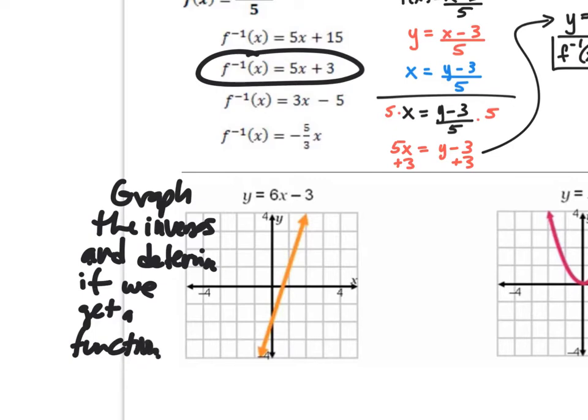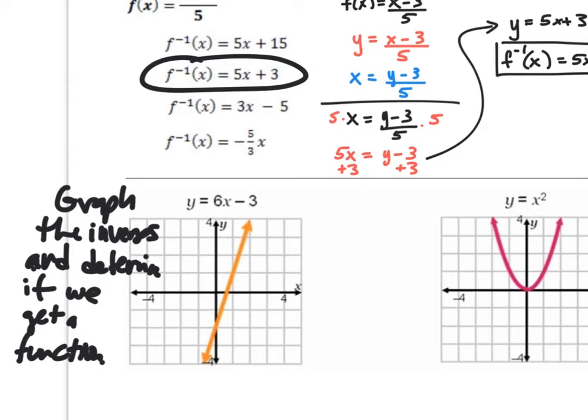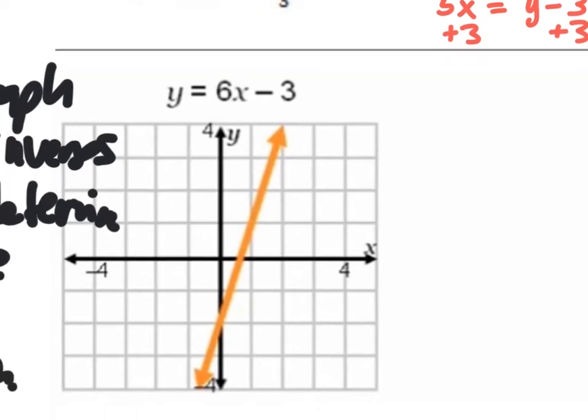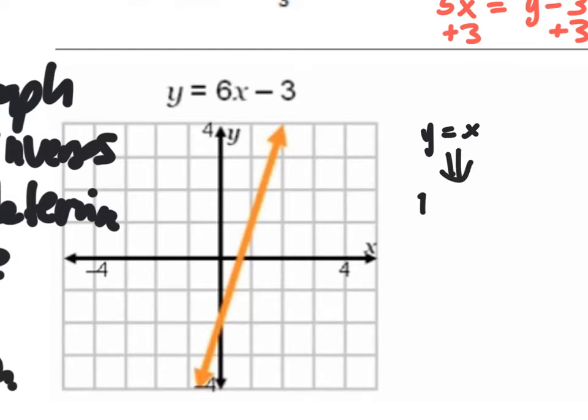As a result, when you do this, I'm going to zoom in here. I am going to draw the line y equals x, and the reason why is because this is my line of reflection.